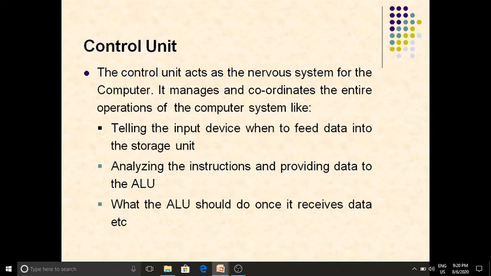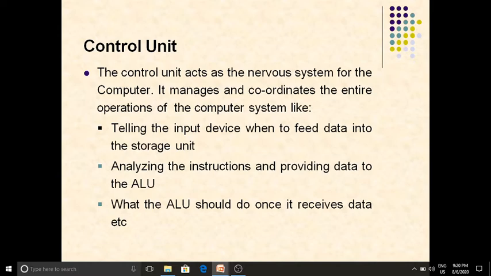So here, students, we have discussed what the CPU is. The CPU is nothing but the brain, the brain and heart of the computer, as we say. In the same way, the control unit is the nervous system for the computer.